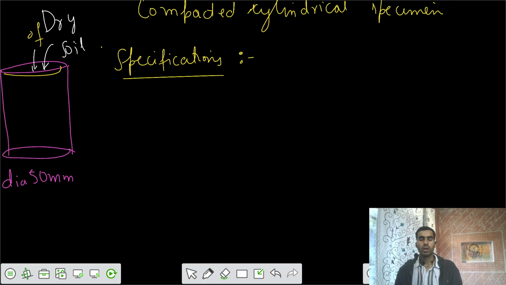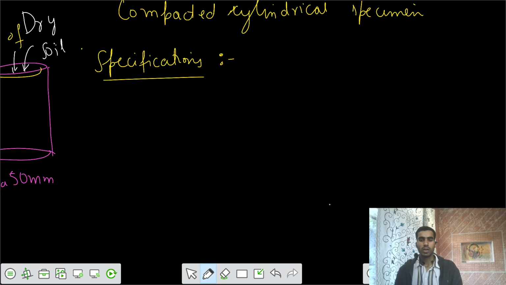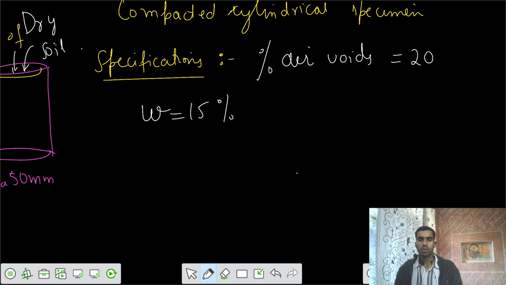What should our dry soil look like? It should have a percentage of air voids equal to 20%. And one more thing, the water content should be equal to 15%. And now we need to calculate the bulk weight of the soil.